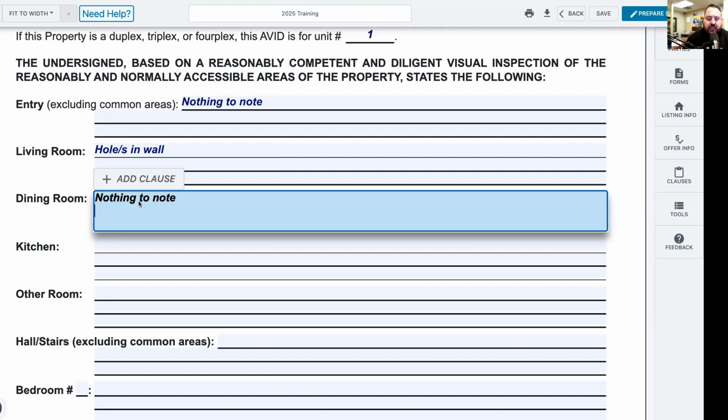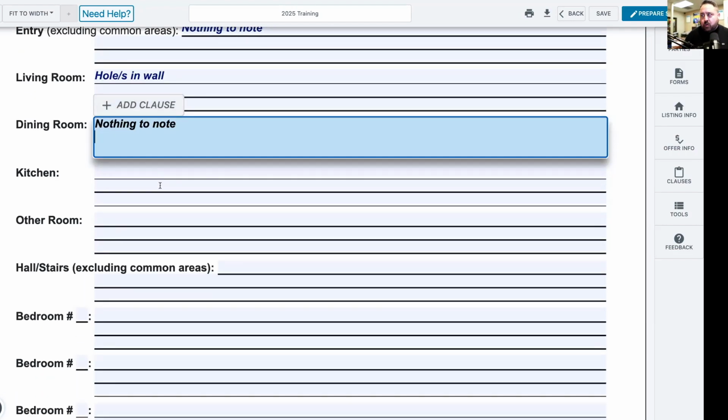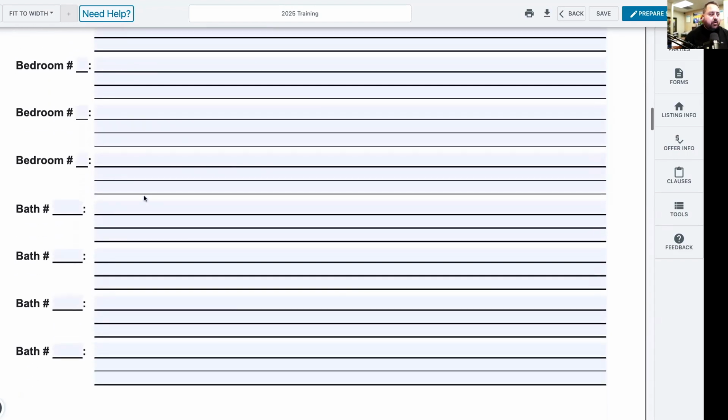Those are silly things to put, because now we're just doing an inventory of the property and we're not giving them any disclosure. There's no proof that we attempted to do a disclosure. At least with nothing to note, what it's saying is I took a look at the property and saw that there was nothing to note as far as a defect goes. So that's got to start being your practice: nothing to note, period. You're going to do that as you go through each room.